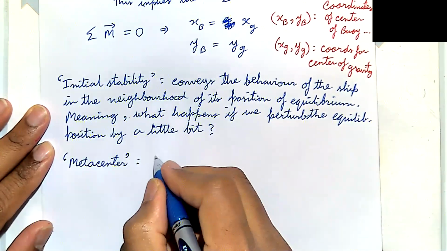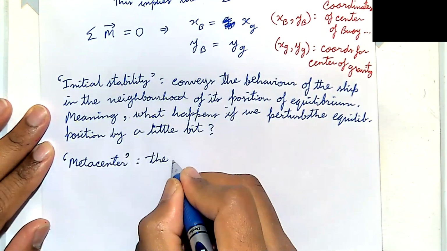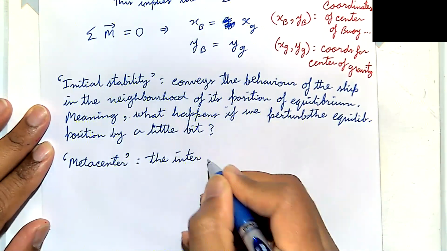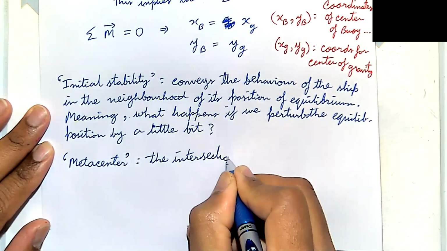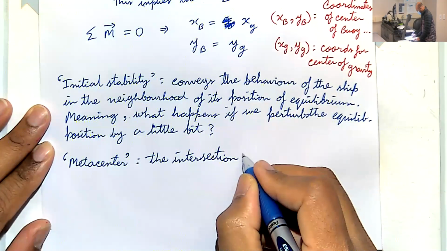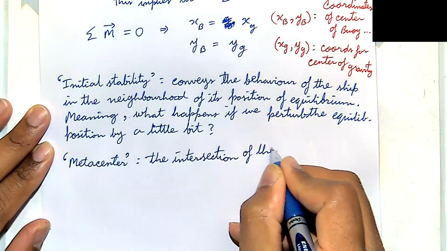And this is defined as the intersection of the center line.